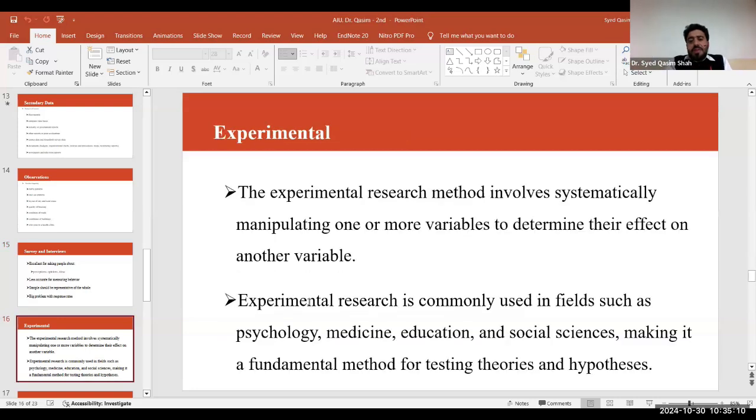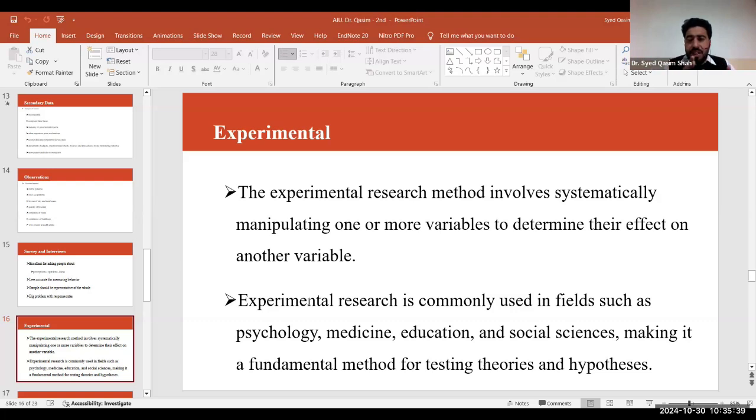And then experiments, where we have a controlled environment. We do pre-test and post-test analysis. Let's say we are checking the behavior of individuals before a certain medicine and after the use of it. So we have a control group and an experimental group: the people who have taken a certain medication and those who are not using any medication.